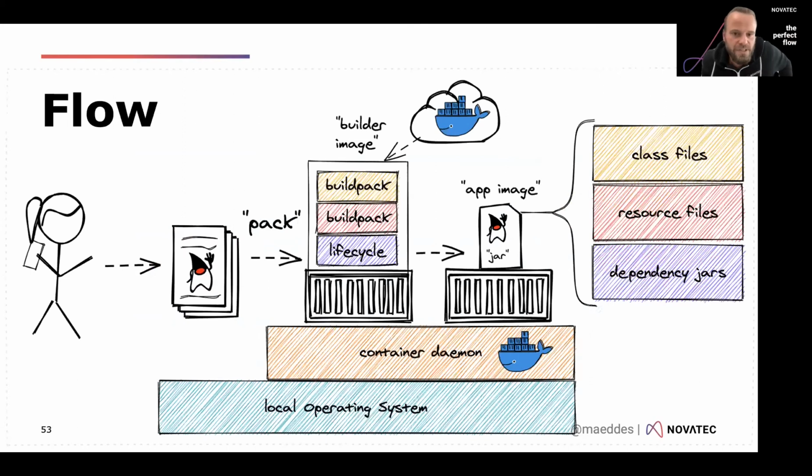All right. So now going more into Paketo, especially on the Java side of things, running the pack command will create a Java image. As I said before, it will also differentiate into class, resource, and dependency jar files.